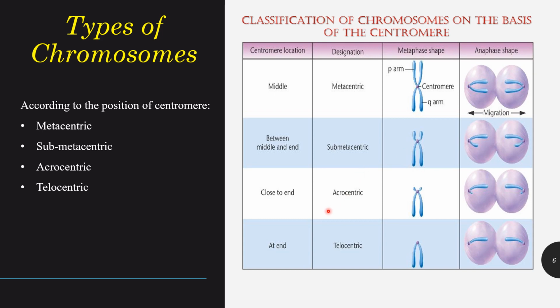In acrocentric chromosome, the centromere is present very close to one end of the chromosome, thus it forms one extremely short and one very long arm. And last one is telocentric. In telocentric chromosome, the centromere is present at the terminal end of the chromosome. This chromosome appears to have a single arm.